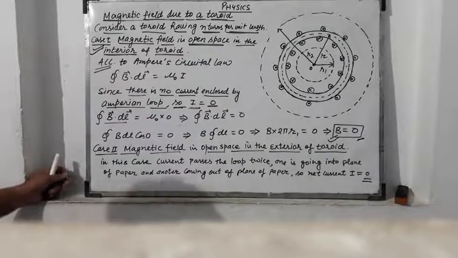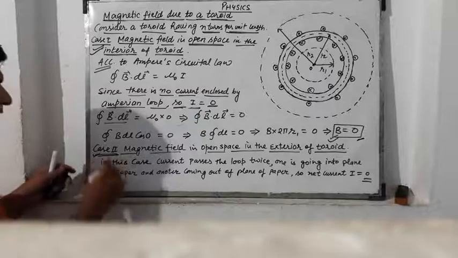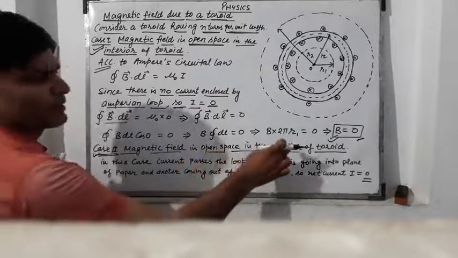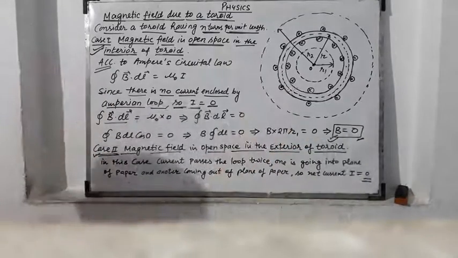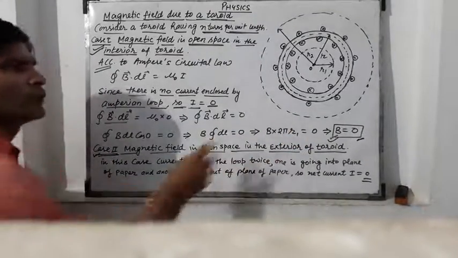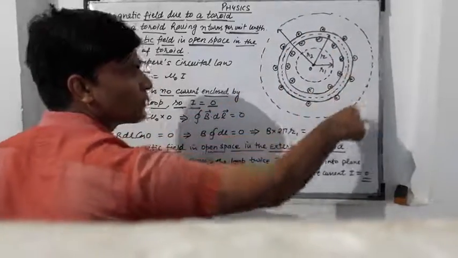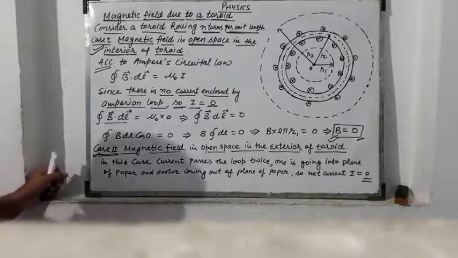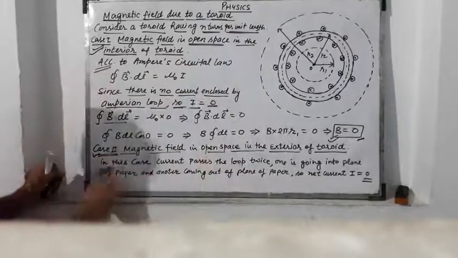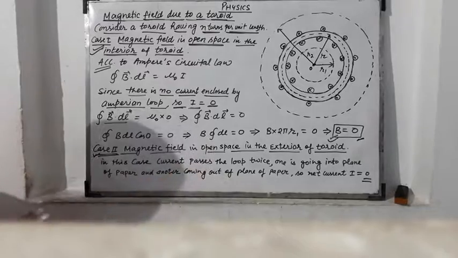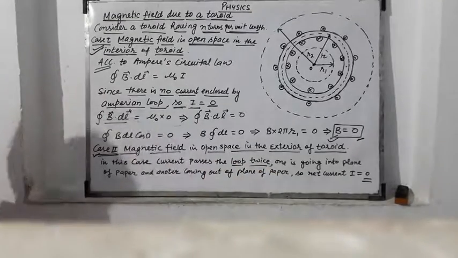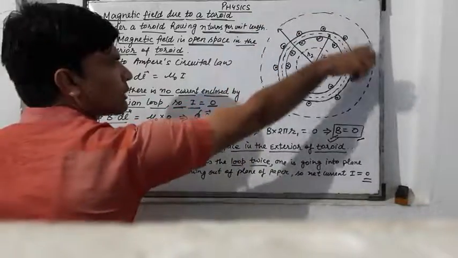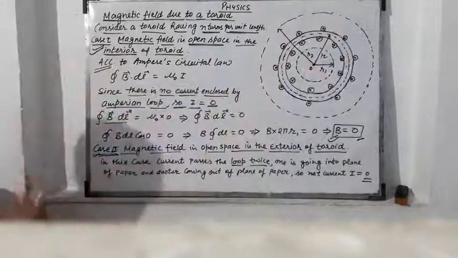Get it? Case second: magnetic field in open space in the exterior of the toroid. This is the exterior of the toroid, with an Amperian loop of radius R2. For this Amperian loop, current passes twice. The current passes through the loop twice; this and this are both enclosed by the loop.